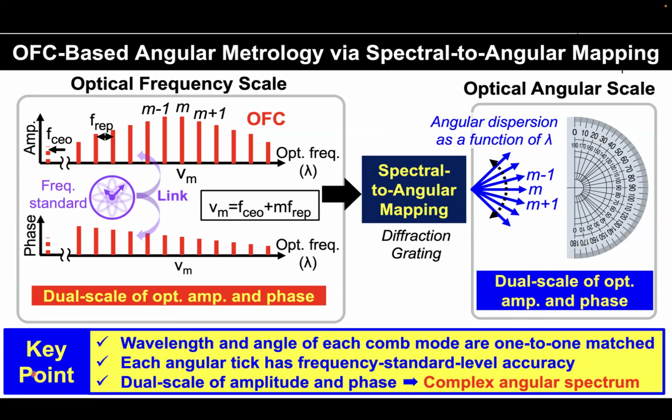The key points of this optical angular scale are like here. First, the wavelength and the angle of each OFC mode are one-to-one matched. Second, each angular tick has frequency standard level accuracy. And third, the dual scale of amplitude and phase gives a complex angular spectrum of the SPR dip.